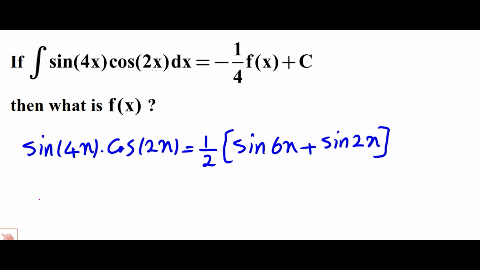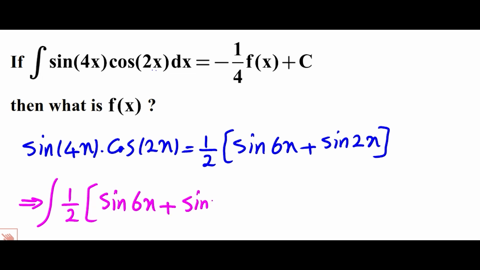So the integral becomes 1/2 times sine of 6x plus sine of 2x dx. And as you know, we can pull out the constant from the integral. So let's move this 1/2 outside.